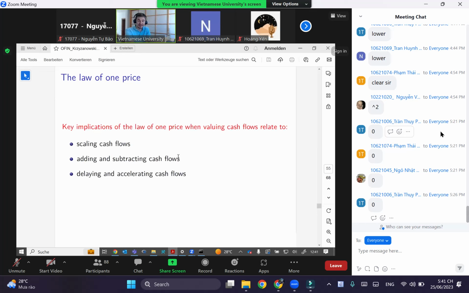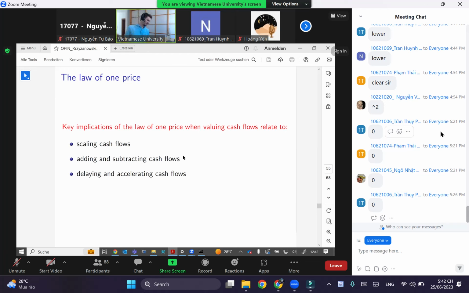Another, and now more cash flow related, implication of this law of one price is the following. If this law of one price holds, meaning same investment opportunities should have the same price, this also has implications for scaled investment opportunities.